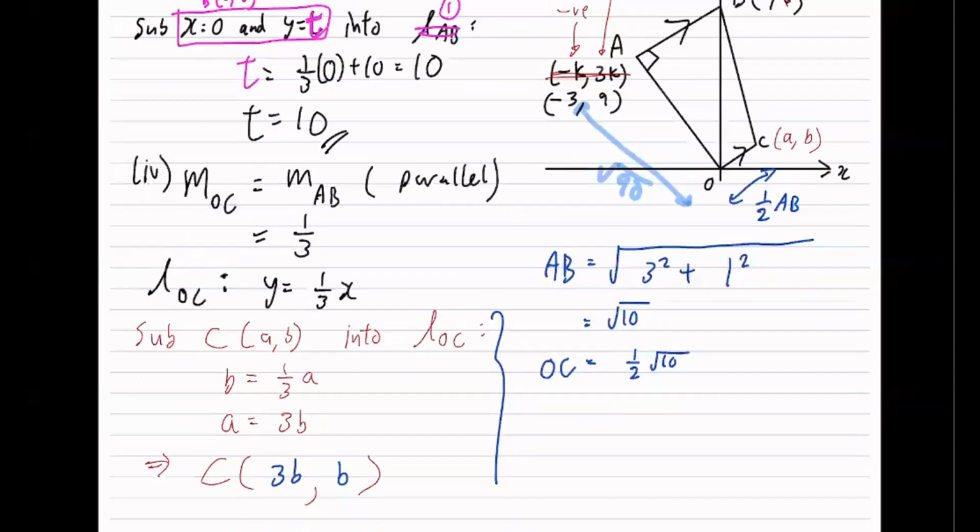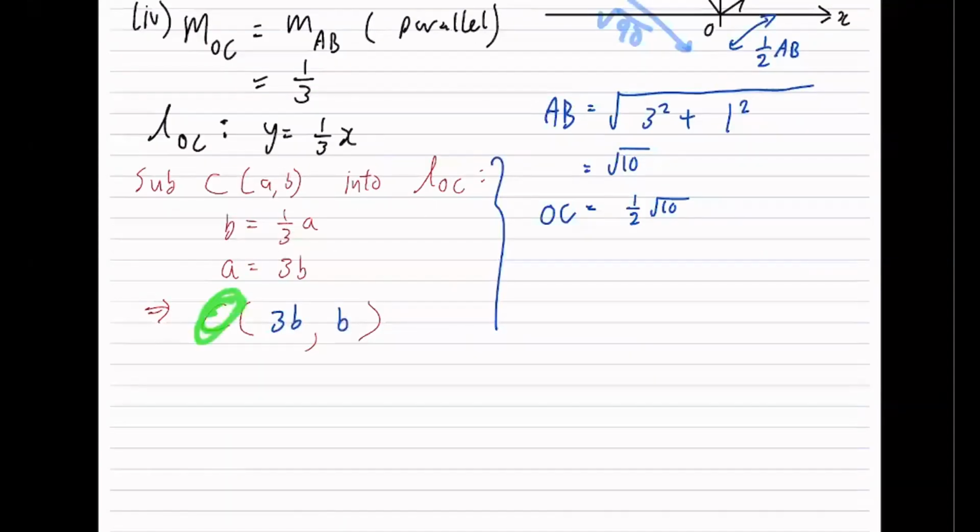But we know the coordinates of C, and we know the coordinates of O are (0, 0). Can we find the length of OC in another way?